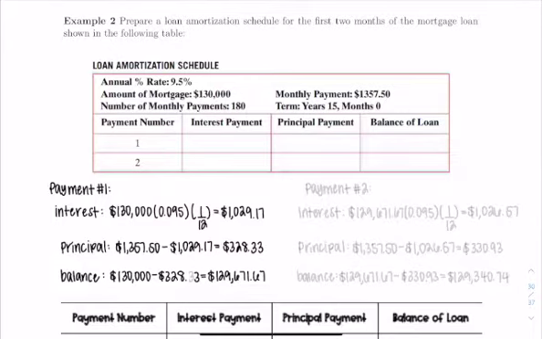So the principal should say $328.33. And now the balance of the loan is $129,671.67.